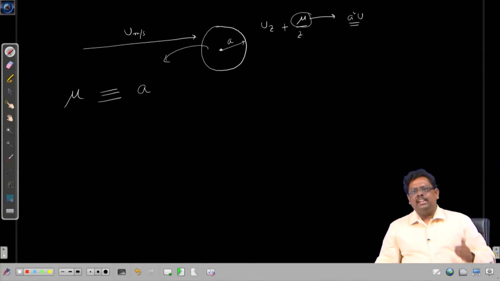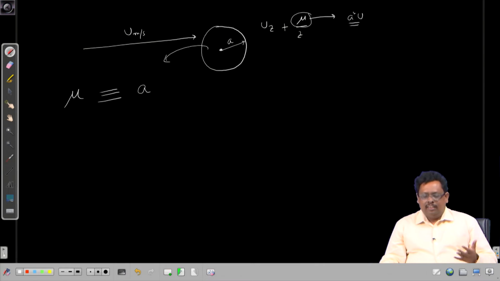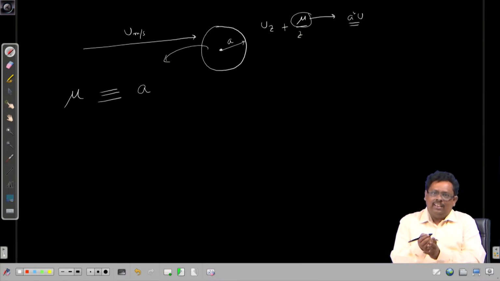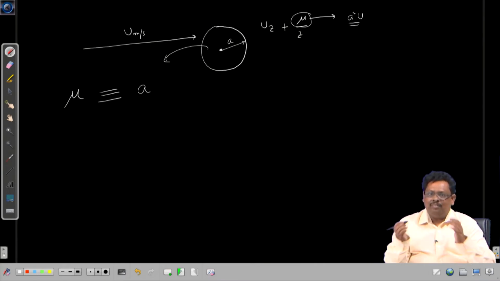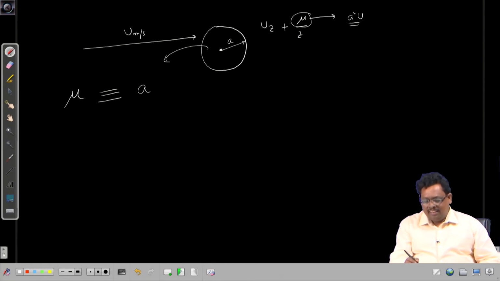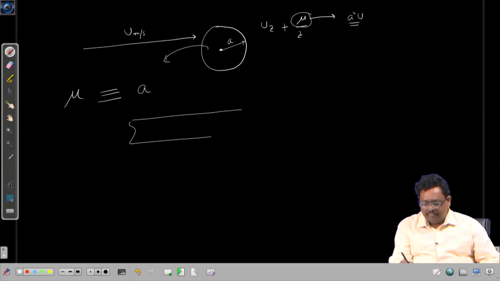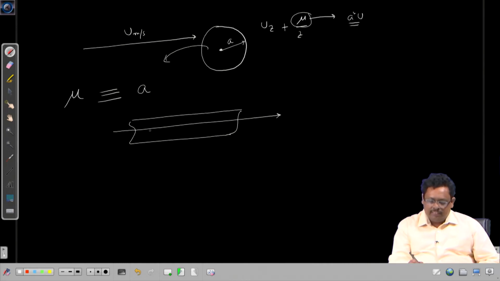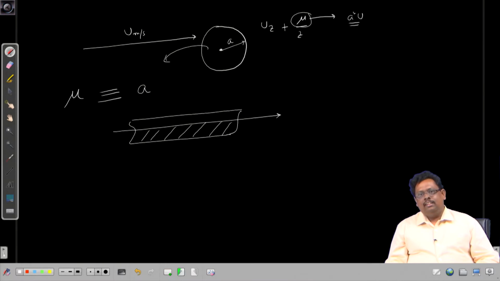Now, in case of a cylinder it is very easy. Suppose I try to apply the same logic for a ship. Suppose instead of this cylinder I put a ship over here and I try to find the pressure distribution along this hull, right.